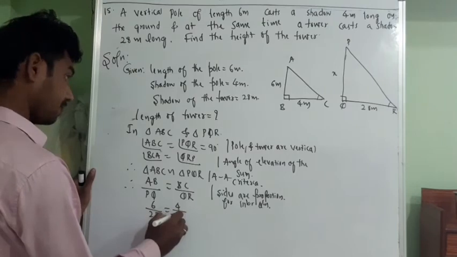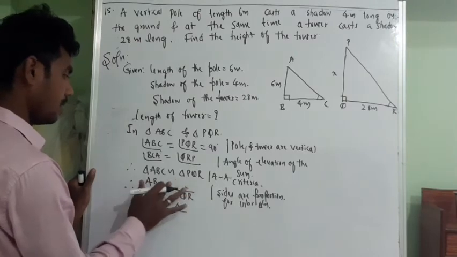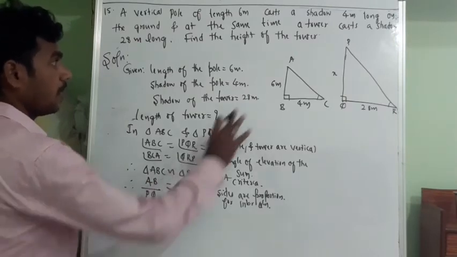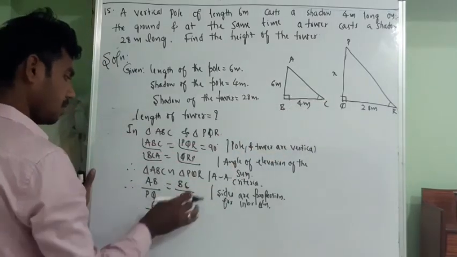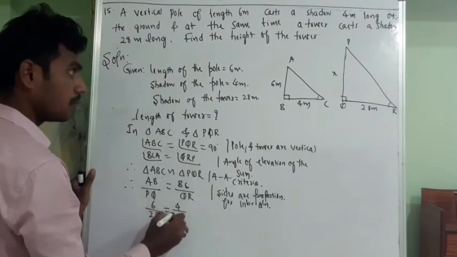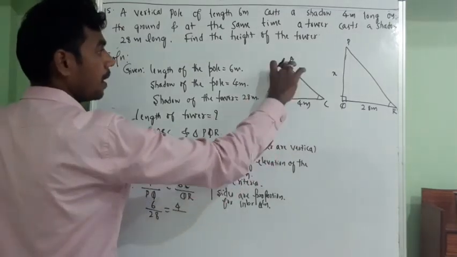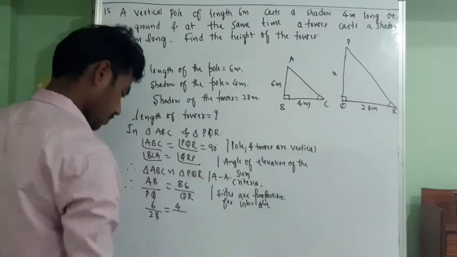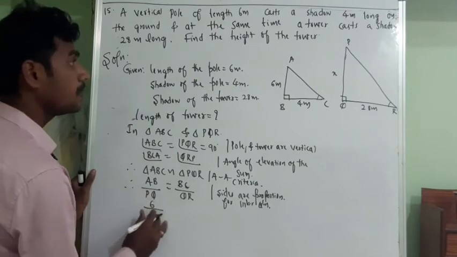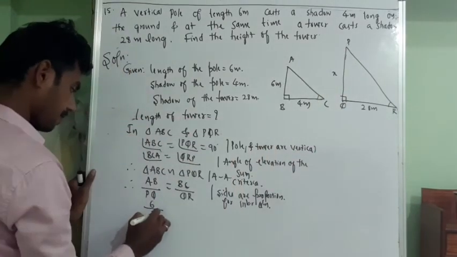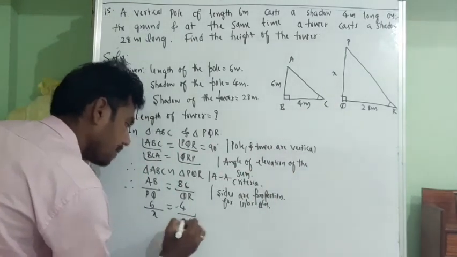That we need to calculate. Oh, sorry. AB is 6 meter, PQ is x, BC is 4, QR is 28. I made a mistake in the calculation.